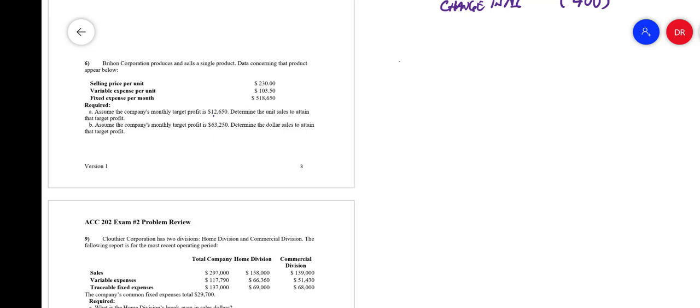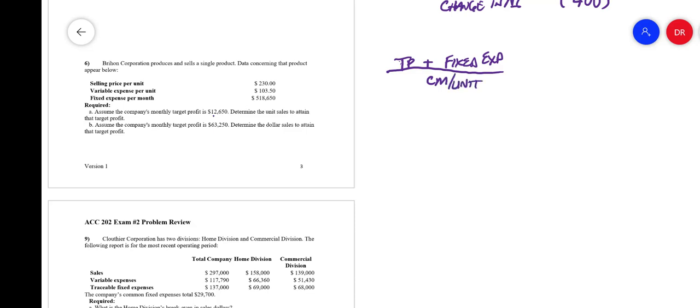Well, again, we'll use the target profit formula, which is target profit plus fixed expenses divided by contribution margin per unit.